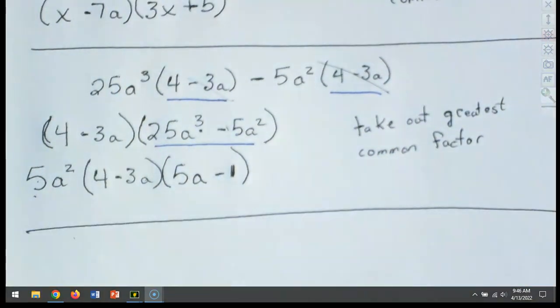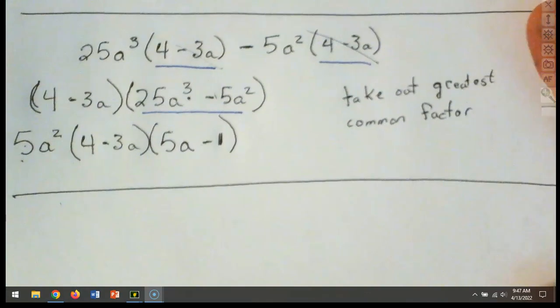We'll do one more of these, and then we'll add a step, and we'll learn how to factor by grouping.